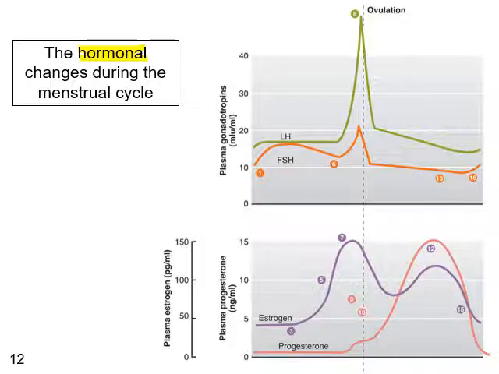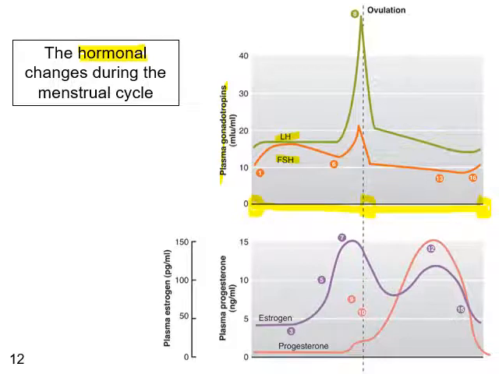Here at the top are the levels of LH, luteinizing hormone, and FSH, follicle stimulating hormone, the gonadotropins released by the gonadotrophs of the anterior pituitary as a function of time, going from the beginning of the menstrual cycle to ovulation to the end of the menstrual cycle. And in this case, no fertilization, no pregnancy happens.